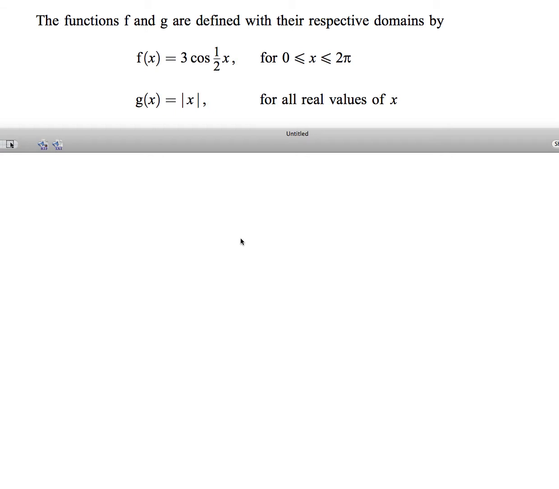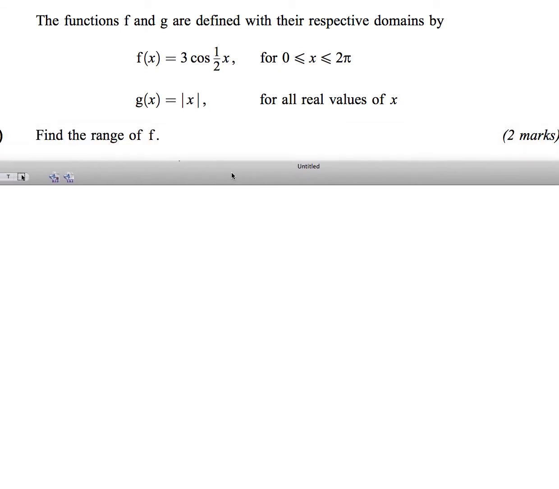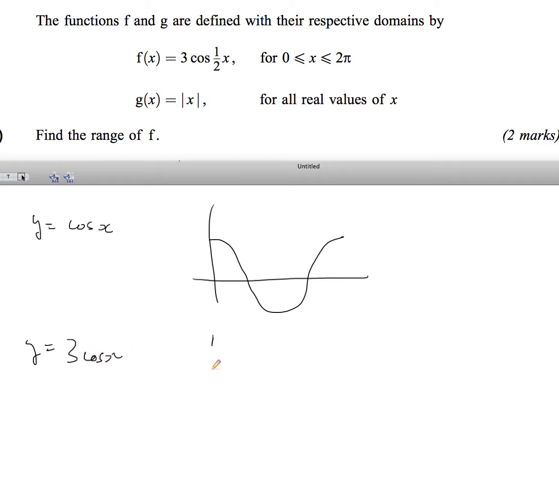Question 4. The functions f and g are defined with their respective domains. The question is, find the range of f. Now the normal cos curve, y is equal to cos x, is obviously like this. y equals 3 cos x is pretty much the same, but it's just a different scale.